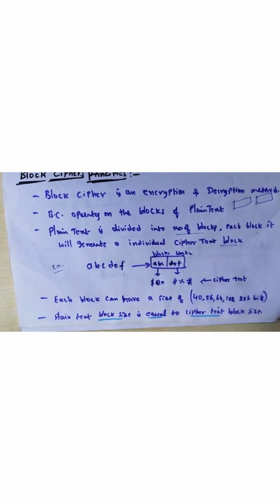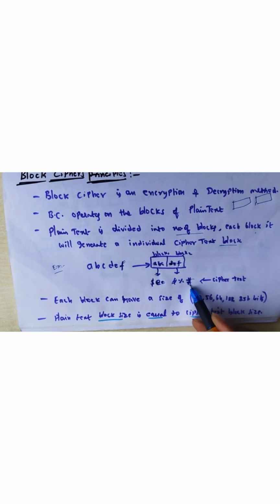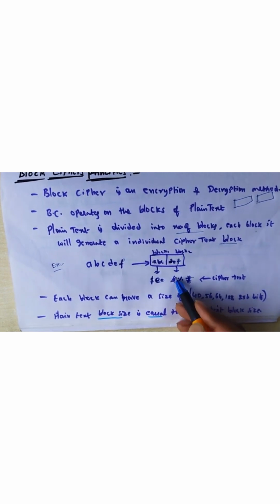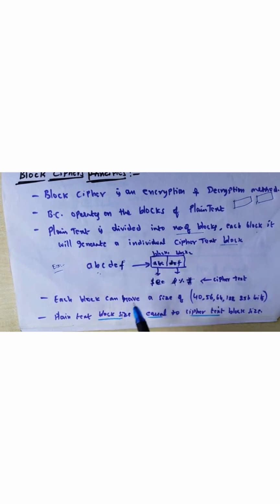And DEF will be encrypted as a percent and hash symbol. Assume this is the basic example: the original plain text is divided into a number of blocks, and each block is encrypted as cipher text. This is called a block cipher.